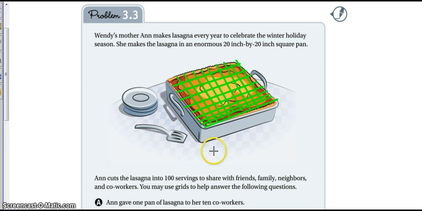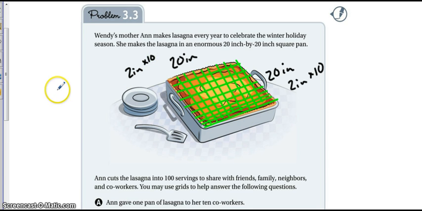Now, I know this is not drawn very precisely, but if we had 20 inches here and 20 inches along this side, and we've cut them into 10 parts, then each piece coming up the side is 2 inches a piece times 10, and this also would be 2 inches times 10. So one piece would be a square that is 2 inches by 2 inches.